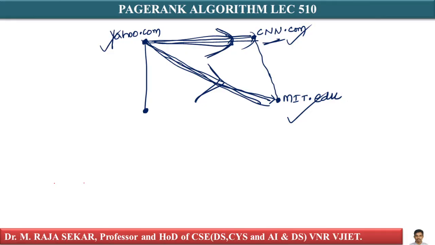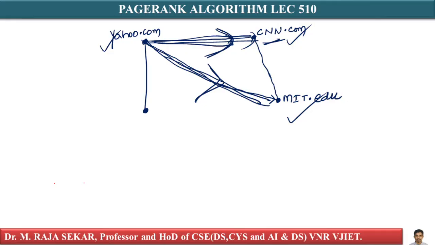So you can think of the whole web, or the web structure between the pages, as basically a directed graph.